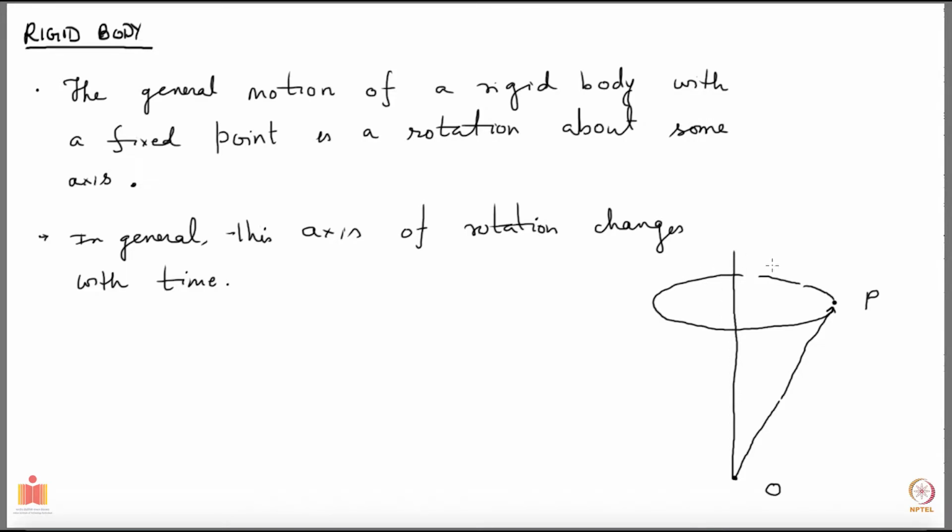It will shift to somewhere else. But let's say we are looking at a very small interval of time, so in that interval it will be moving along this circle of fixed radius. So it will just cover some infinitesimal distance, and let's say it moves to here, which is your new location, and this is your displacement, so that is the vector dr.